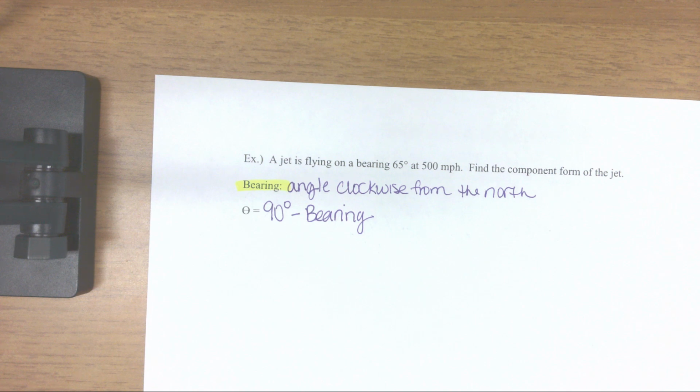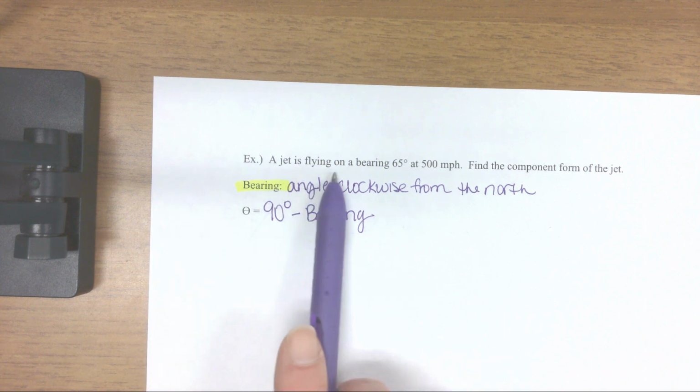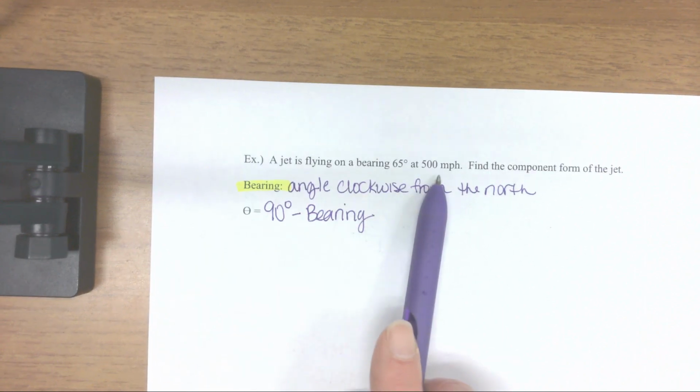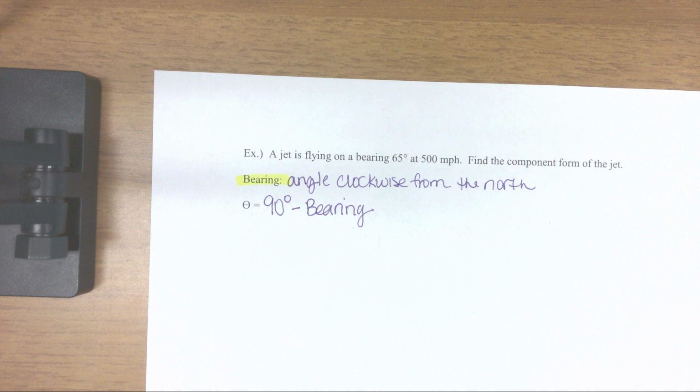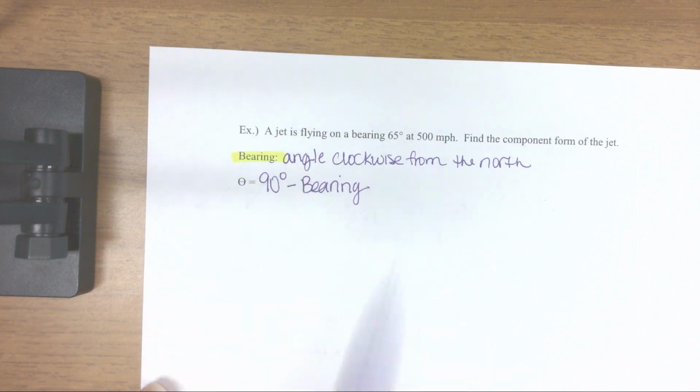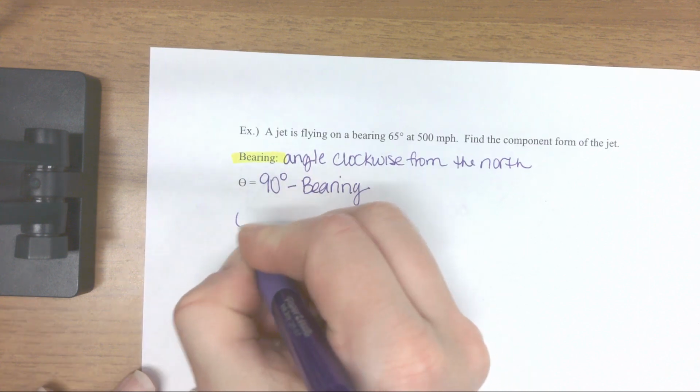Because if we're going to put the sine or the cosine in there, they will be calculated correctly. So I have a jet flying on a bearing of 65 degrees at 500 miles per hour. Find the component form of the jet. All that means is we're going to break down the jet's direction, essentially how much is pulling it to the right, east, and how much is pulling it north. So first of all, I'm going to find theta.